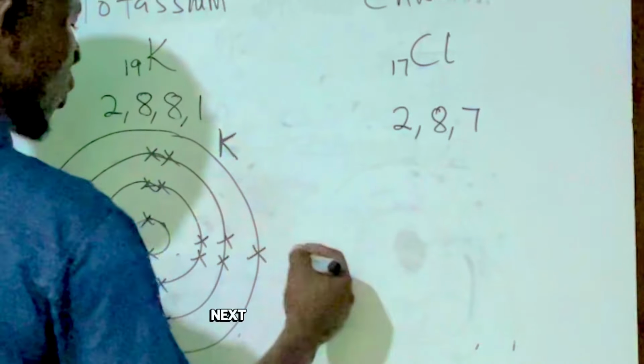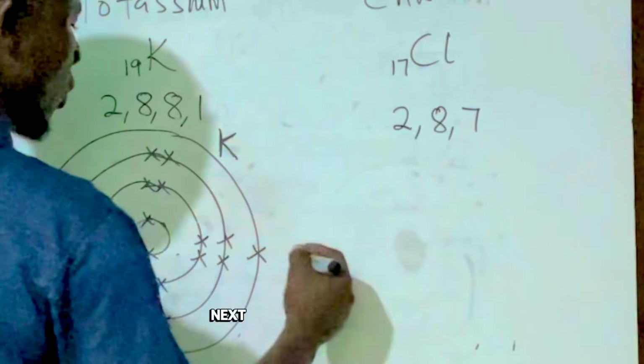So this is 2. This is 8. Then 7. 1, 2, 3, 4, 5, 6, and 7 like this. So this is chlorine.